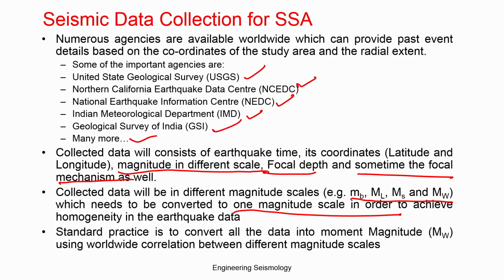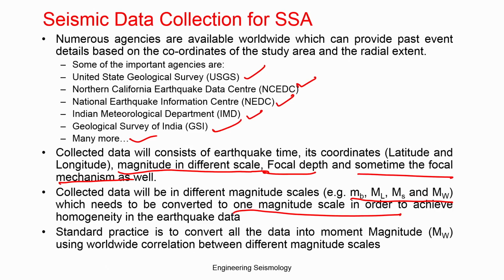Now you may understand why we studied different earthquake scales, in order to use them in hazard analysis. If you understand how the different scales were developed, then you believe that the moment magnitude is the most reliable magnitude. All the magnitudes should be converted to moment magnitude.